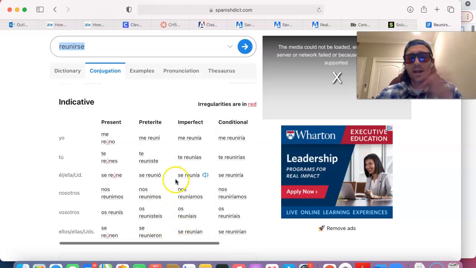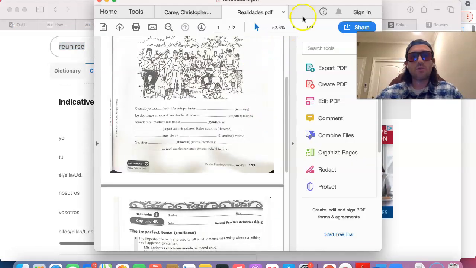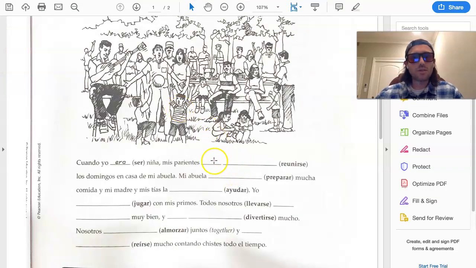You want to add that at the very beginning, whereas you don't need to add the reflexive pronoun for some of these other verbs. That's why there's 2 spaces there. You can see that for these verbs, there's 2 spaces there. First space is for the reflexive pronoun. Second space is for the conjugation. Do your best.